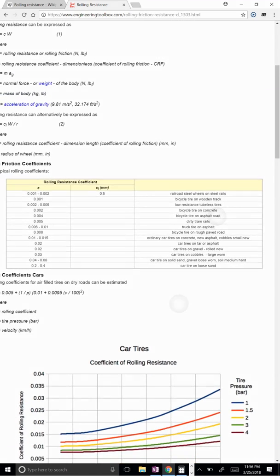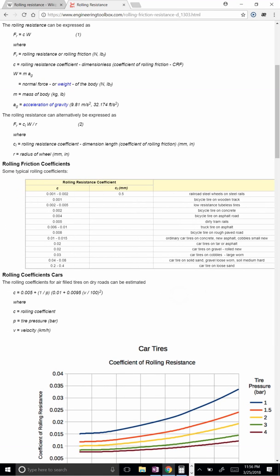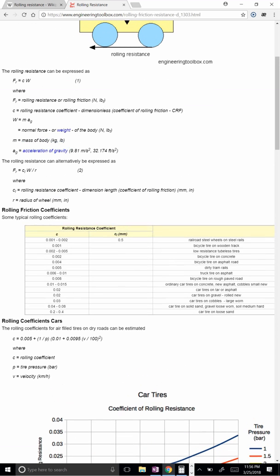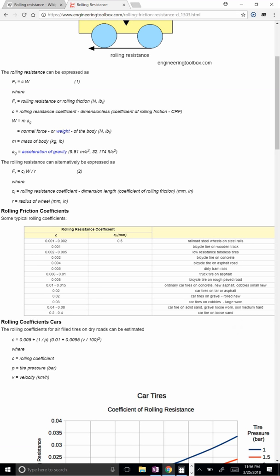So we're going to look here, and we have a few rolling resistance coefficients, which is CRR. We also have some other equations. The rolling resistance can alternatively be expressed as force rolling equals CL, the rolling resistance coefficient, times W, which is weight, divided by the radius of the wheel. That's just another way of solving for those in the actual testing of the wheel.